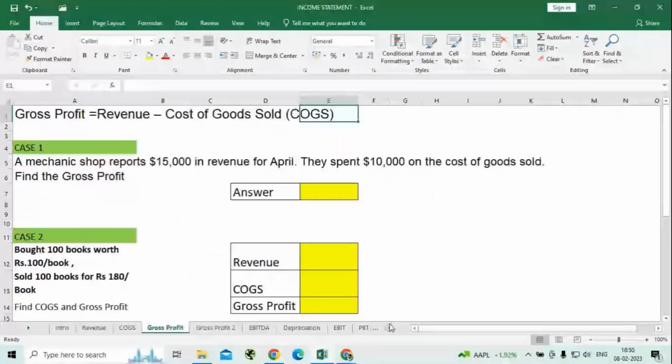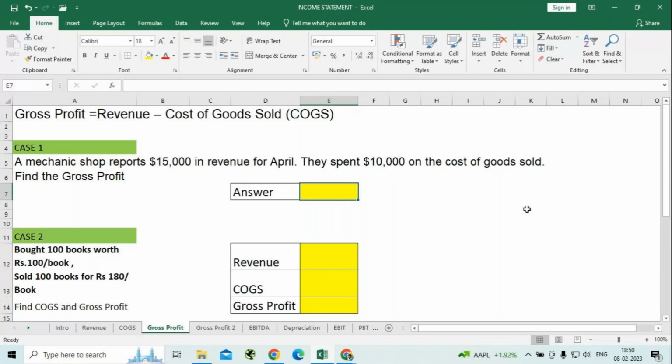The next, let us see the calculation over here. A mechanic shop reports 15,000 as revenue and they spent 10,000 rupees. So what is the gross profit?